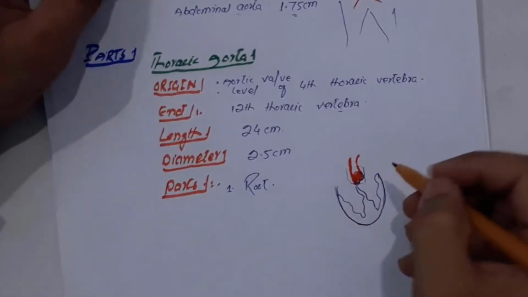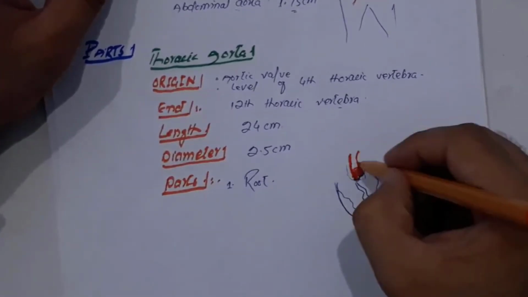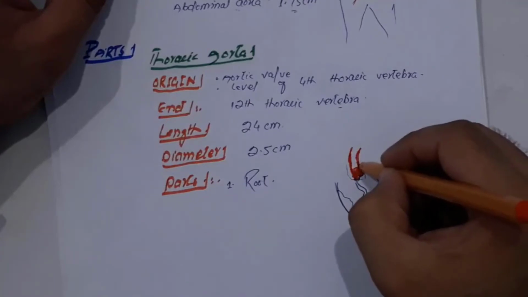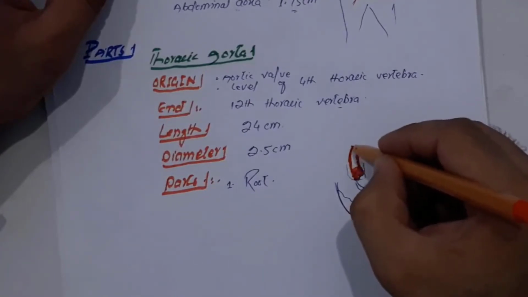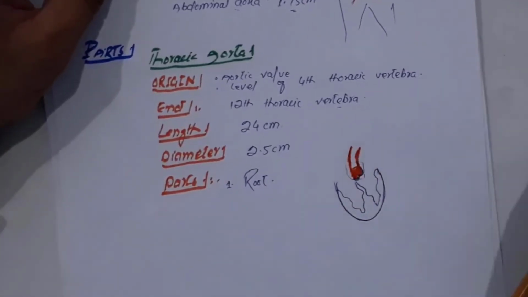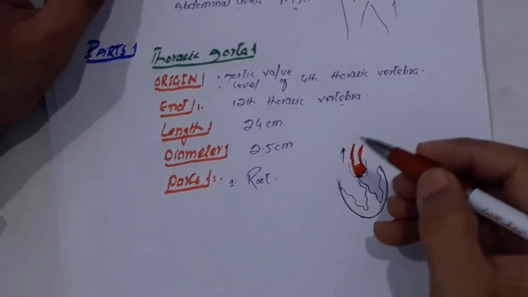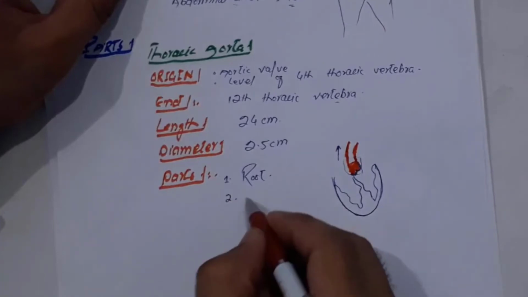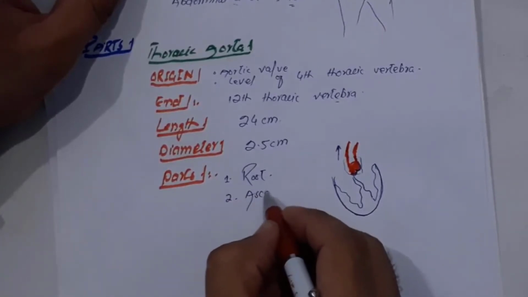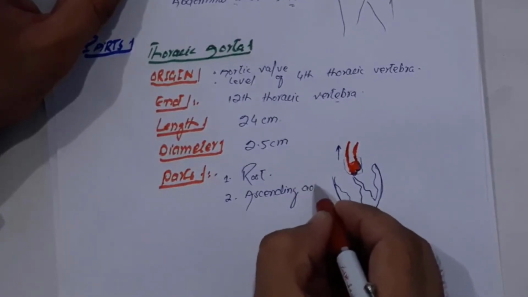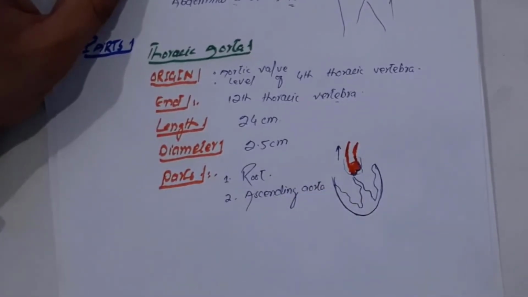Okay, next, from here the aorta moves up for about 5 centimeter. So this part where the aorta ascends up is called the ascending aorta. Very good.